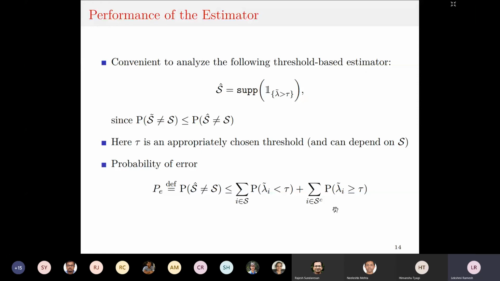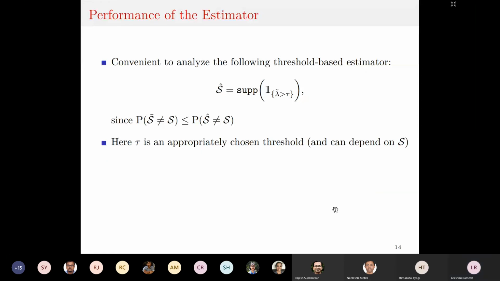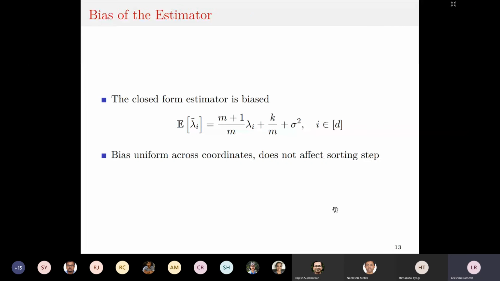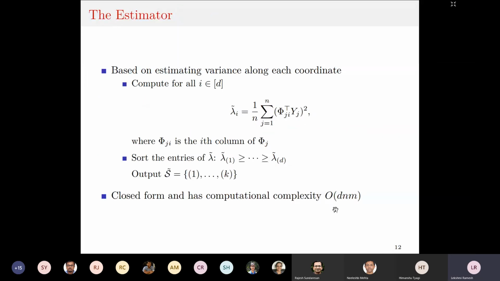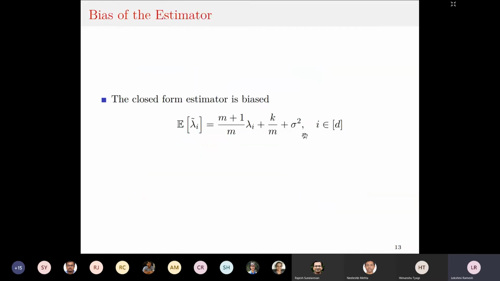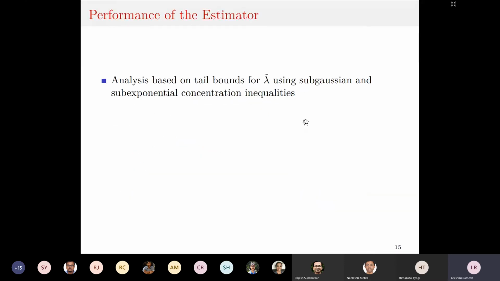The expression for the estimator is a variance estimate, so it involves squaring the observations, and the observations depend on x. The samples are sub-Gaussian random variables, and the square is sub-exponential. So conditioned on phi, you use sub-exponential concentration inequalities, and then you get the bound for the error probabilities in terms of the phi matrix.